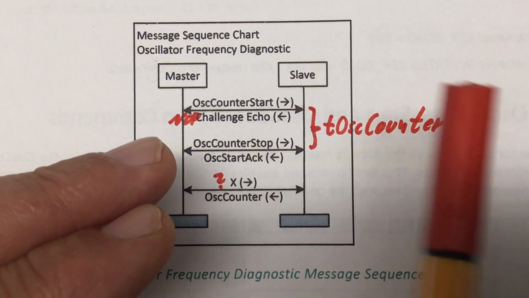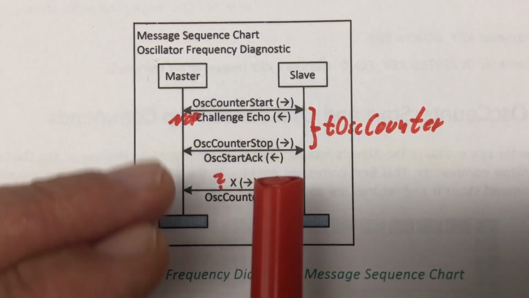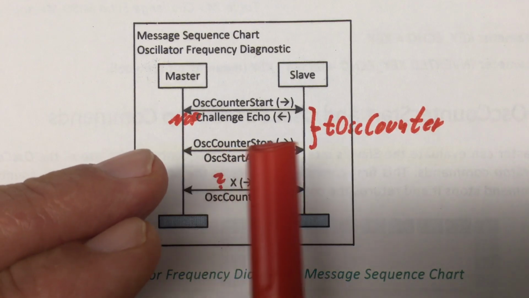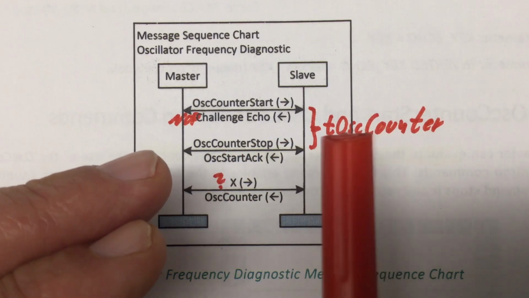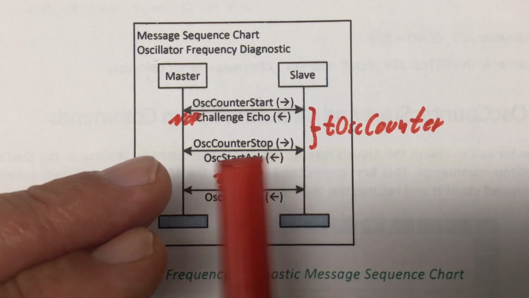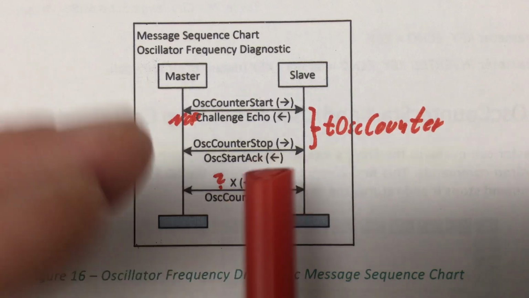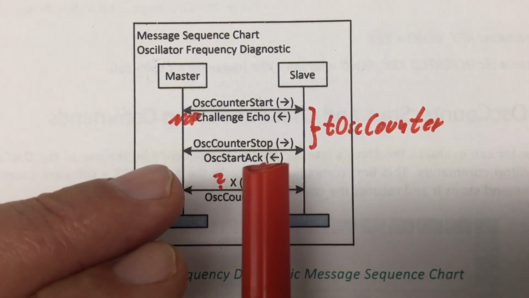Anyway, after a defined time t oscillator counter, the master sends an oscillator counter stop message to the slave, and the slave replies with an oscillator counter start. Yeah, it has another name here again, like in the other table. Who cares by this point?